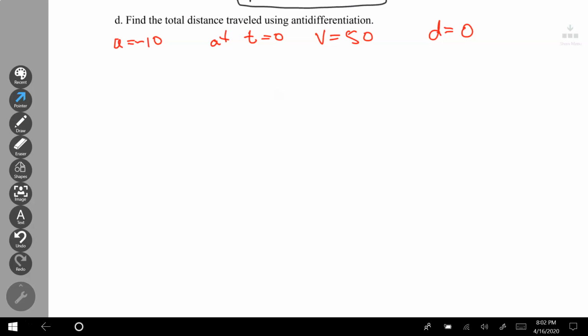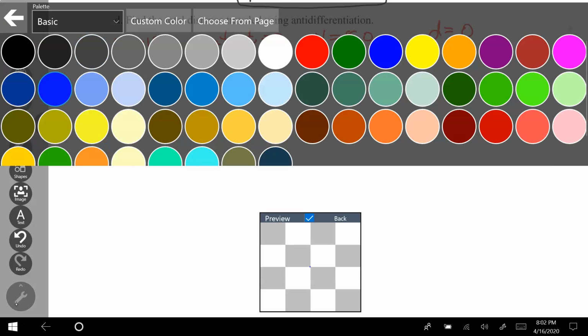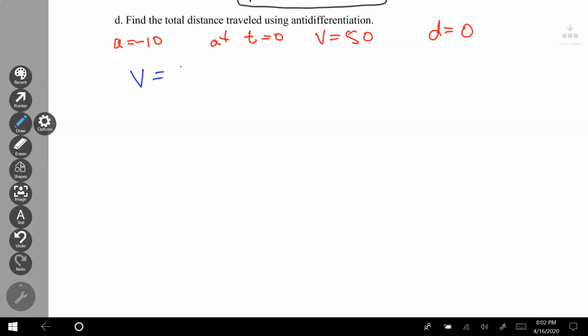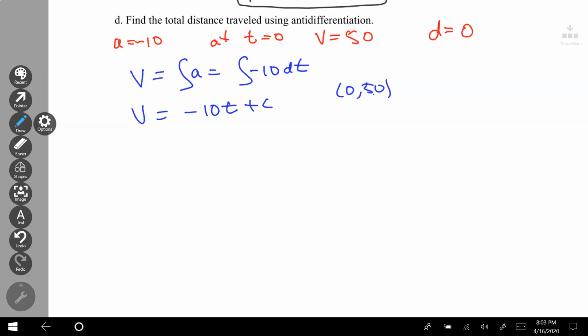Velocity is equal to the antiderivative of acceleration, or negative 10 dt. My velocity is equal to negative 10t plus c. I'm going to use my initial condition of 0, 50. I plug it in, and I get 50 equals negative 10 times 0 plus c, so c equals 50. So my velocity equation is negative 10t plus 50.